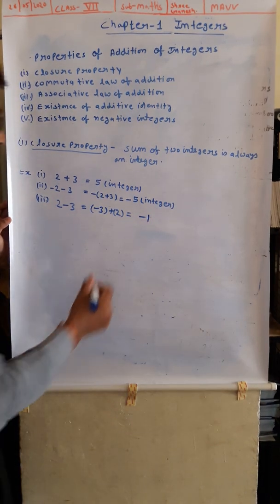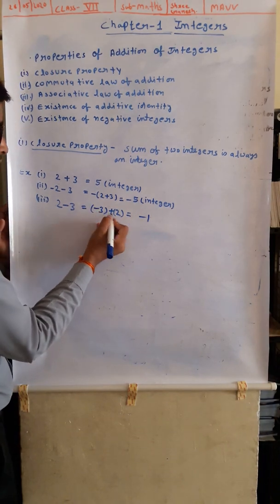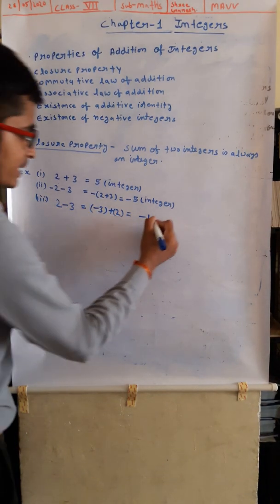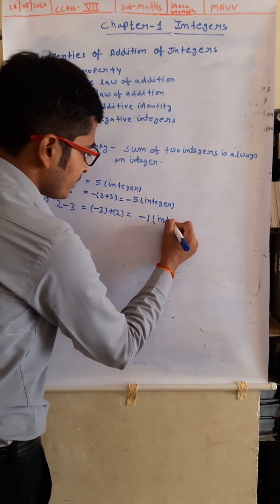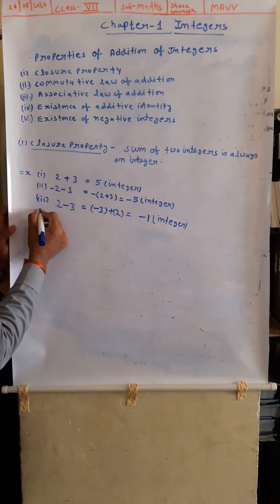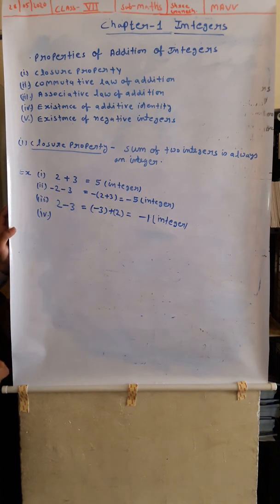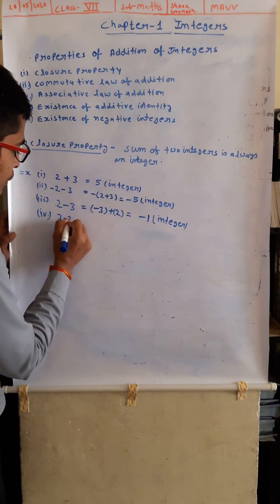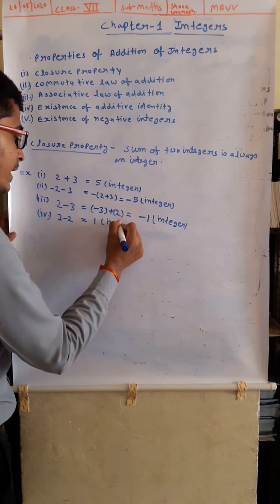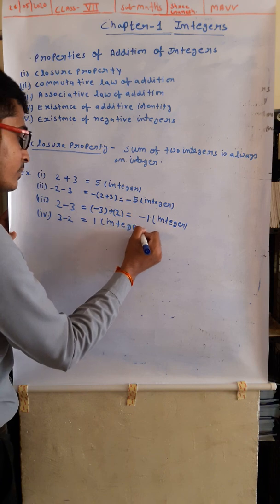Understand? 2 minus 3 means you have to subtract 3 from 2, then give the sign of the bigger digit, that is minus. It is also an integer. Now fourth example, 3 minus 2, simply you will get 1, which is also an integer.